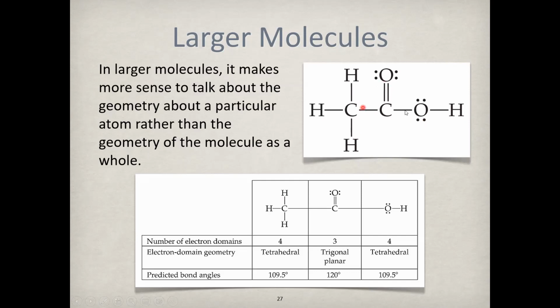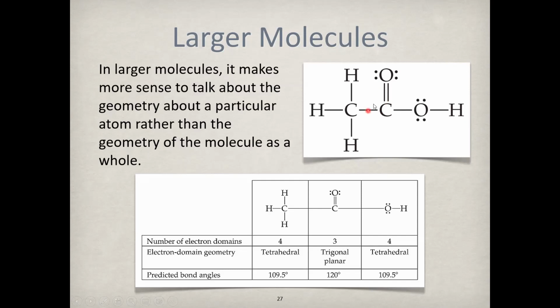With the second carbon here, now we've just got 3 bonded atoms because one of those has a double bond. Again, it still just counts as 1 electron domain because all of the electrons in this double bond are essentially grouped together. So what we're going to see is a trigonal planar geometry here. So we're going to have 120 degrees between these different bonds.